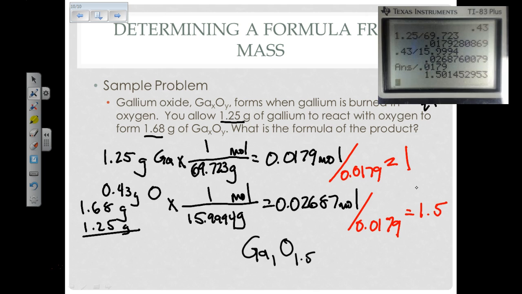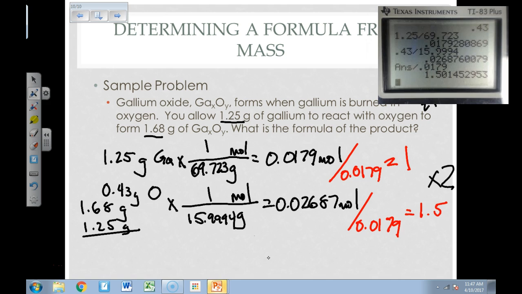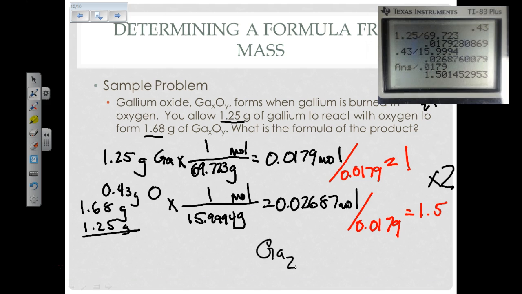We can't just multiply one, we have to multiply them both in order to get them to be whole numbers. So we have to multiply both by 2. I'm going to put a big multiply by 2. Because the formula is not this guy, but rather it's Ga2O3. And that is the lowest whole number ratio of gallium to oxygen.